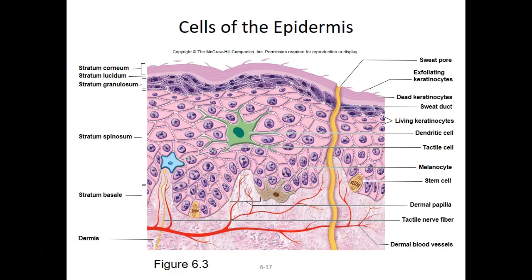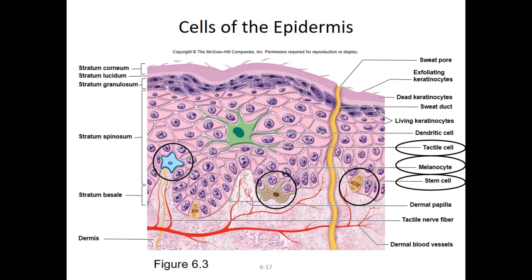So I think here we have the stem cells. You can see them. They look like they're undergoing mitosis right there. Here we have melanocytes. Everyone has about the same number of melanocytes. The difference in skin color is associated with the amount of melanin produced by those melanocytes.